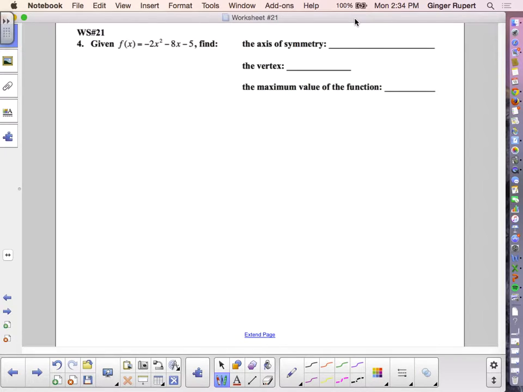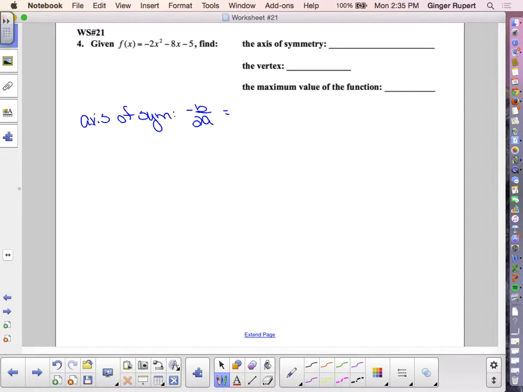It says given f of x is equal to negative 2x squared minus 8x minus 5, find the axis of symmetry, the vertex, and the maximum value of the function. So remember, you're going to find the axis of symmetry at minus b over 2a.